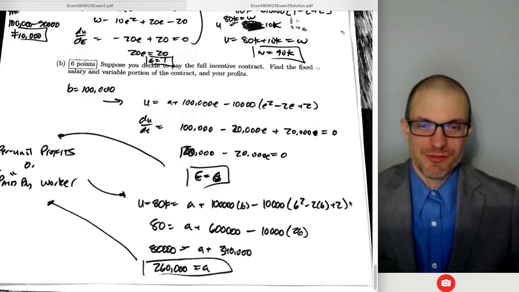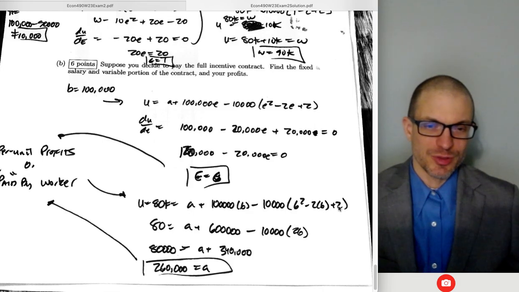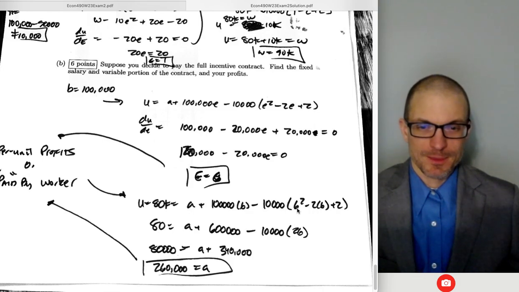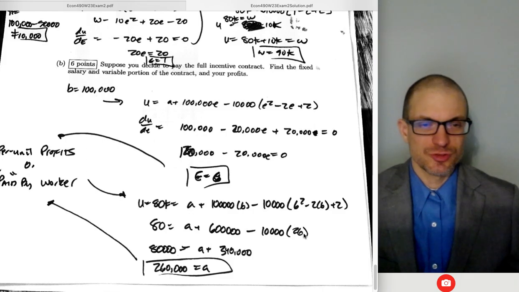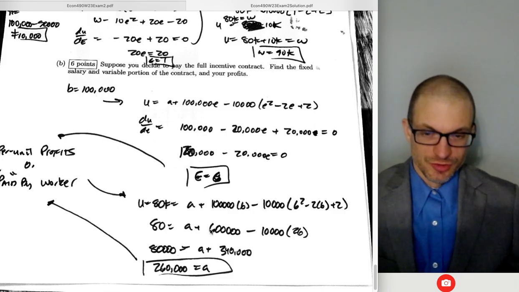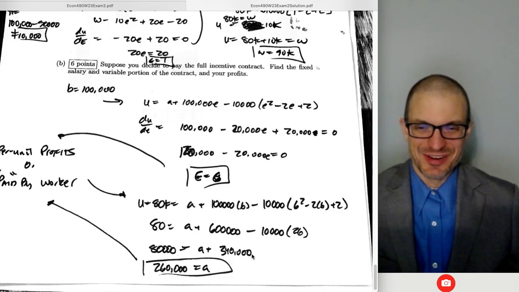Then their psychic effort cost is going to be 10,000 times this nice quadratic evaluated at 6. So it's going to be 36 minus 12 plus 2, which brings us to 26. Times 10,000 gets us minus 260,000. 600,000 minus that is 340,000.